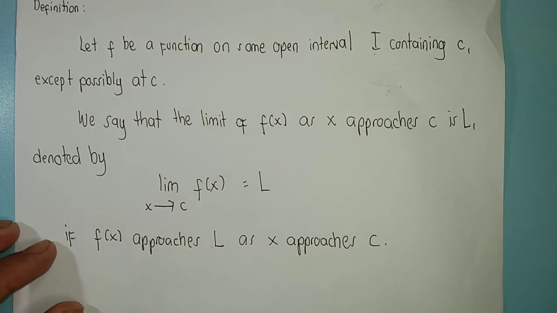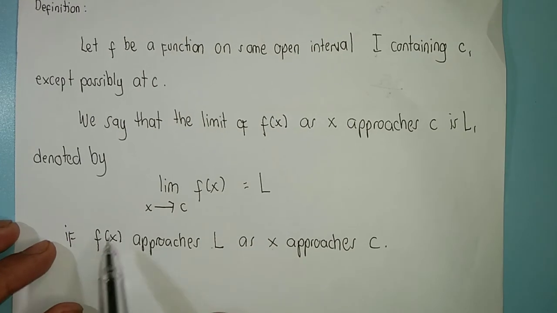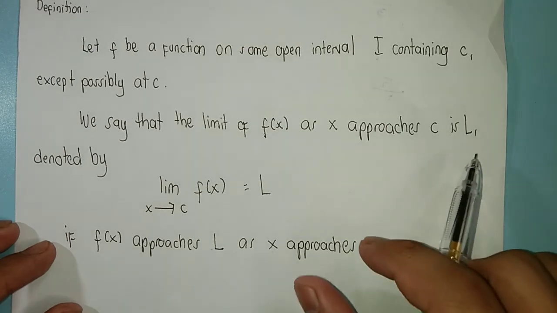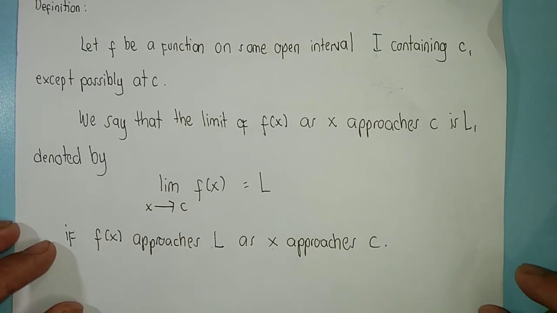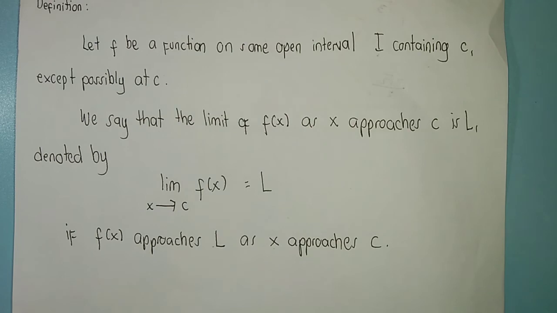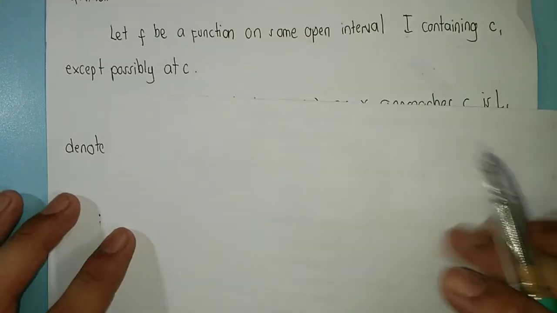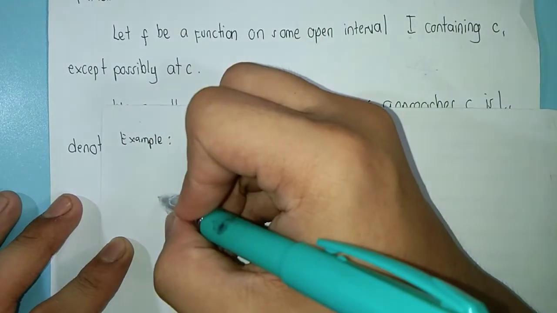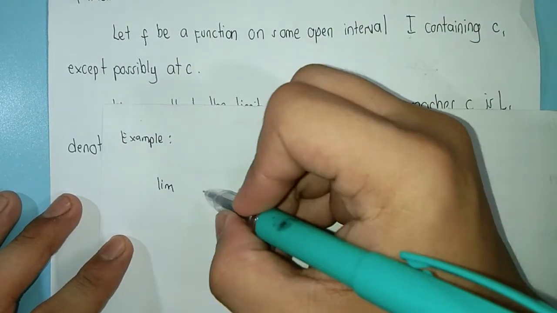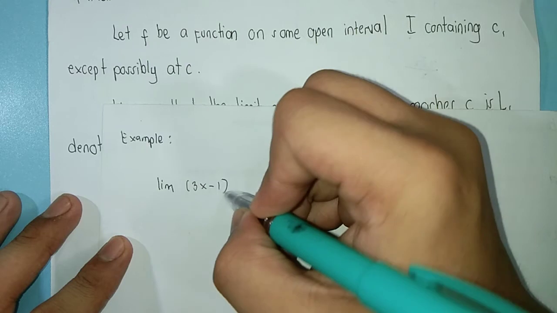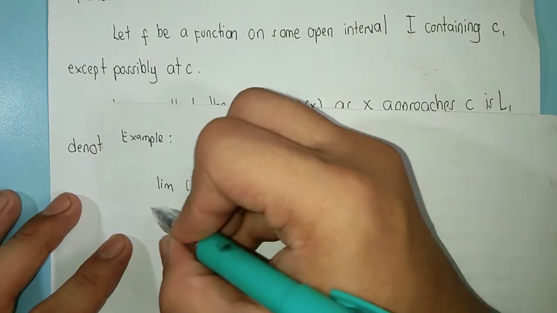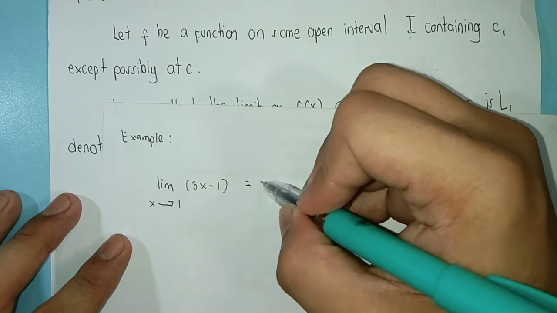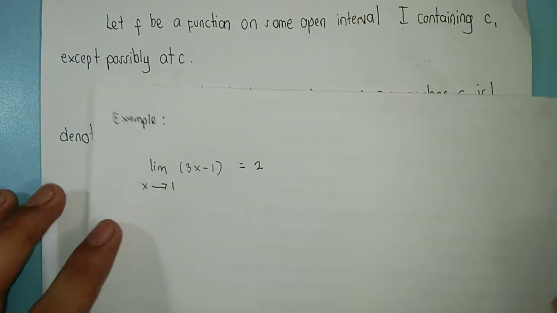Ito yung ginagawa natin kanina. Tinitignan natin yung behavior ng f of x kung saan nag-a-approach. Okay? As x approaches to a certain number. For example, yung i-example ko na yung kanina, yung limit ng 3x minus 1, ayan yung example natin kanina, as x approaches 1 is equal to 2.